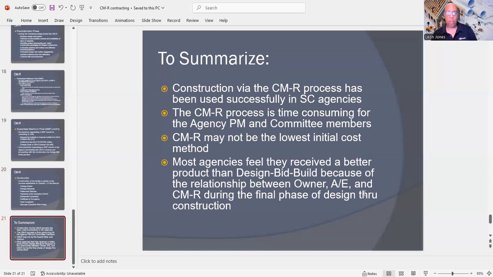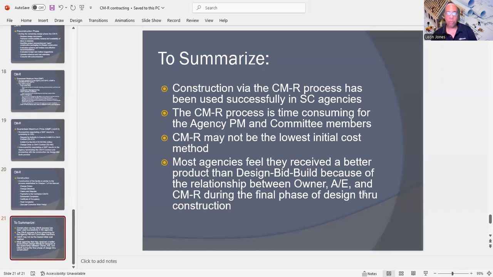And with that, the CMAR process is time consuming for the agency PM and committee members. The CMAR may not be the lowest initial cost method, and most agencies do feel they receive a better product than the design bid build. And why do they believe they receive a better product?